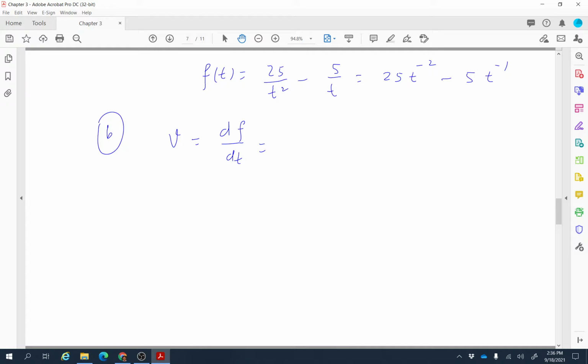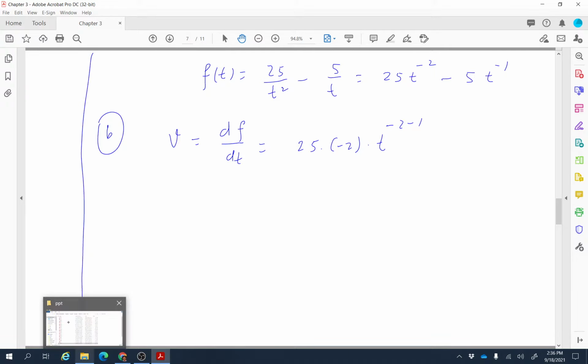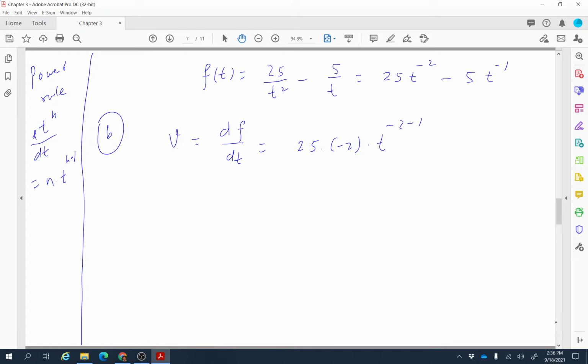So by using the power rule, we can find the derivative of the first part minus the derivative of the second part, which would be 25 times -2 times t to the power -2 -1. If you remember the power rule for the derivative, if you have t to the power n, and you want to find the derivative of this function with respect to time, it's n times t to the power n minus 1.